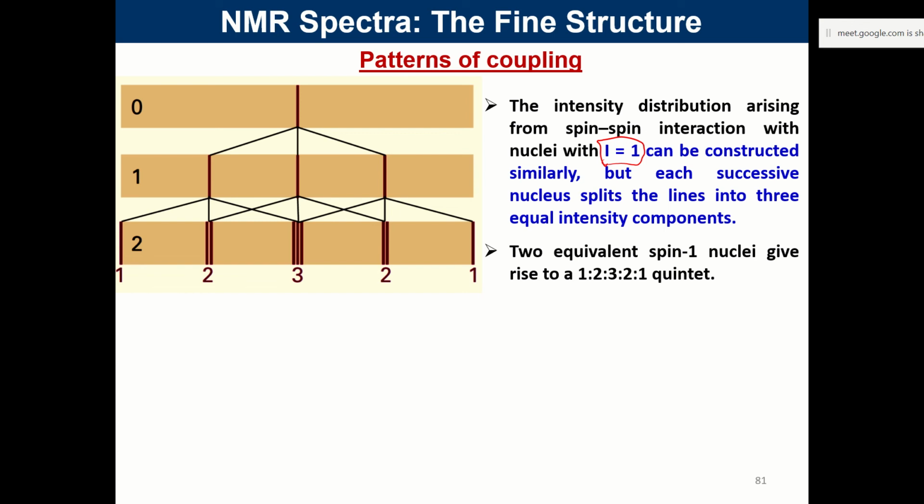It is not a spin half. Now they will behave as bosons, I is equal to 1, and each of these lines will split into 3. So do you understand why it will split into 3, not 2? Because how many orientations can the angular momentum have? If I is equal to half, the spin angular momentum can have orientations given by mI, which is plus half or minus half.